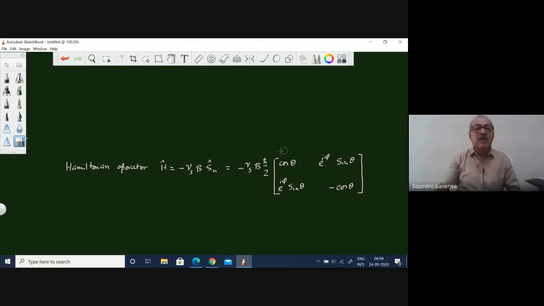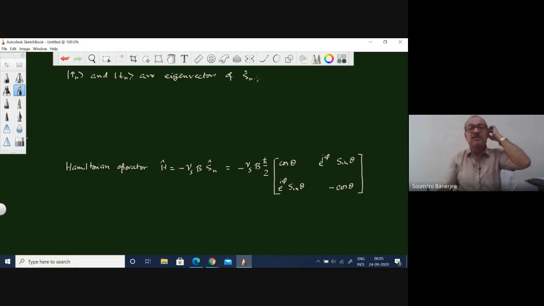Okay. Now we see that H is proportional to Sn, and therefore they must have the same eigenvectors, and we know that up n and down n are eigenvectors of the Sn operator. Therefore, they must be eigenvectors of the Hamiltonian operator also.